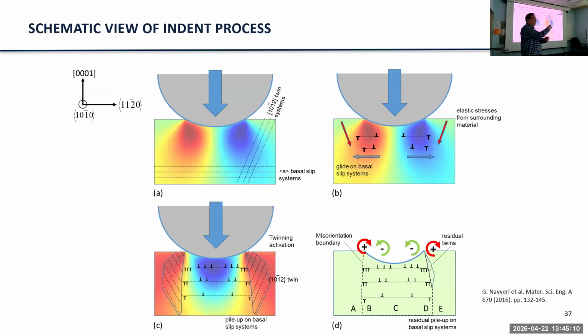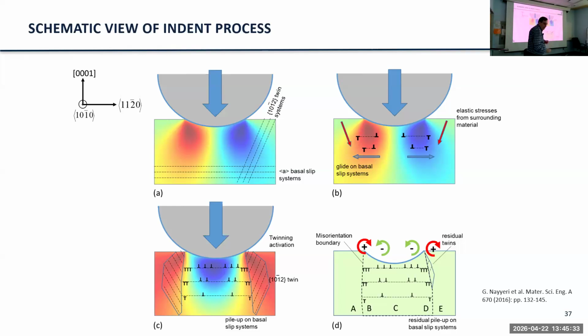Right underneath, you're pushing down. There is no resolved shear stress, so no dislocations in the middle here. And then you see arrays of dislocation loops, and they give you these rotations that we see as we go from this wall. And the last thing we'll talk about is what's going on in the wall.